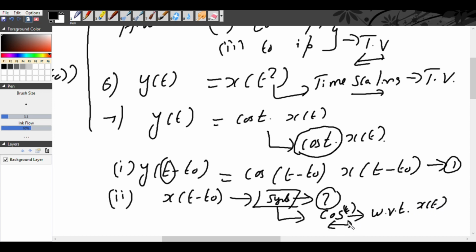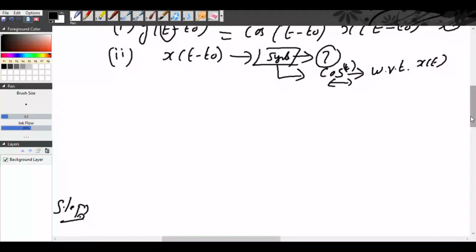It is finding the value of cos t and multiplying it with x of t. That is the nature of the system. So then what will happen?